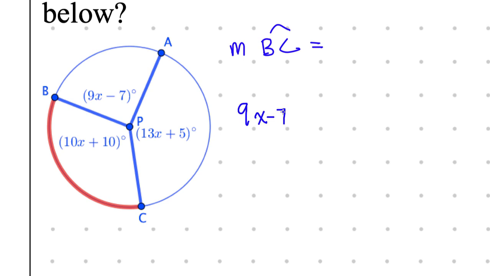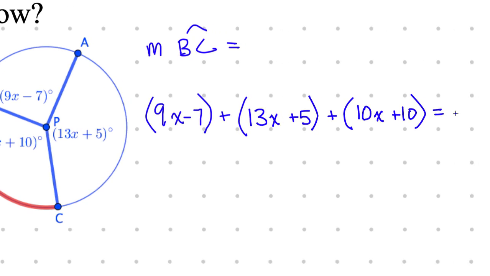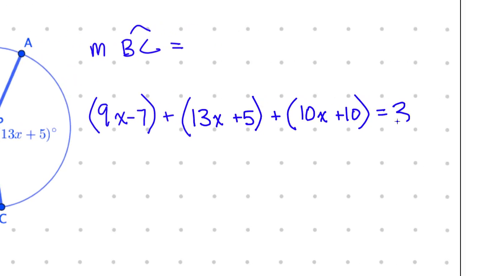9x minus 7, added to 13x plus 5, added to 10x plus 10. All three of those add together, and when I add all three of those angles, that is one full revolution, or equal to 360 degrees.